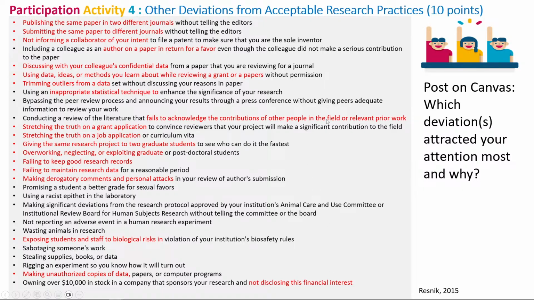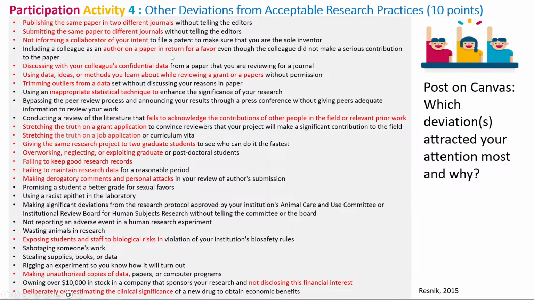So please read this list and see which ones stand out for you. The ones that stand out for me, for example, is deliberately underestimating the clinical significance of a new drug to obtain economic benefits.